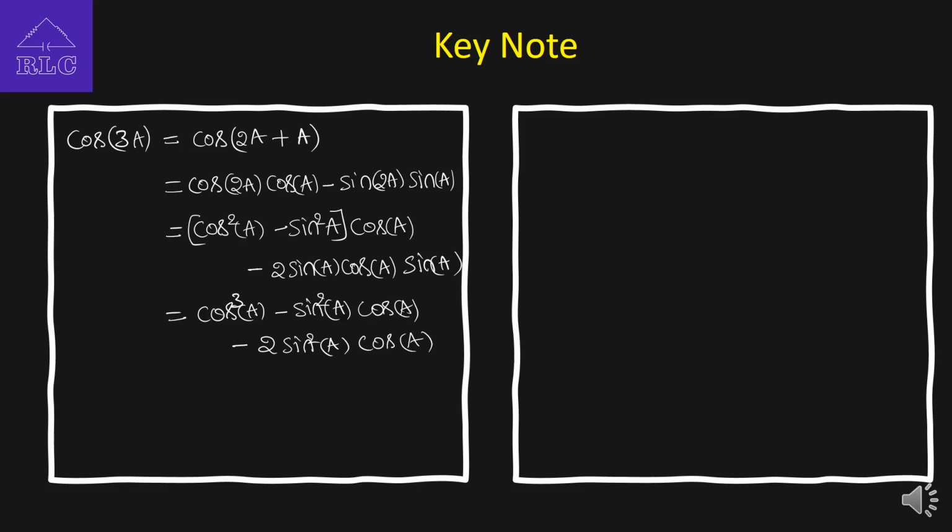Now this one equal to cos cube a. If you take minus cos a common, so in the bracket, how much you'll get? 3 sin square a you'll get.